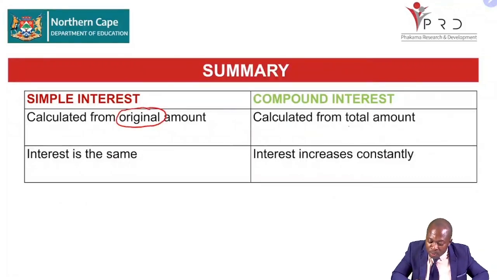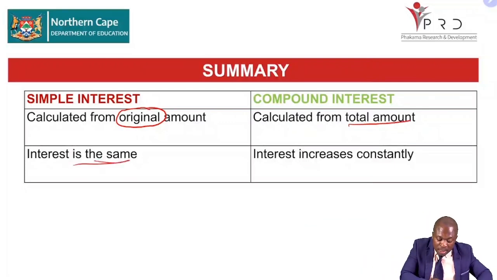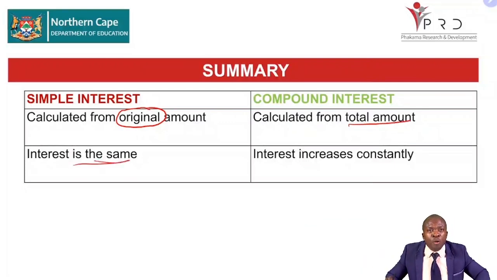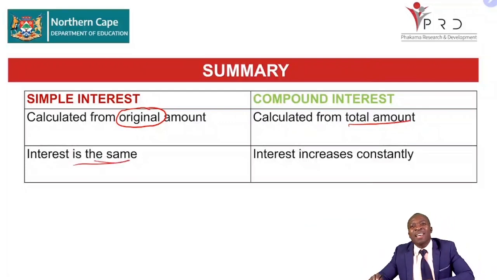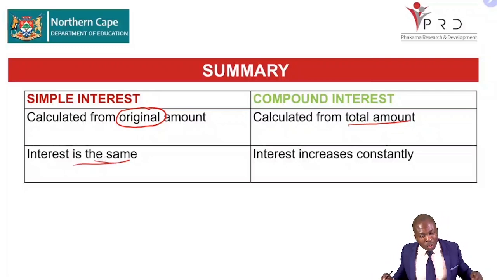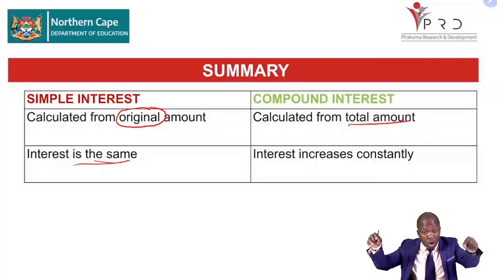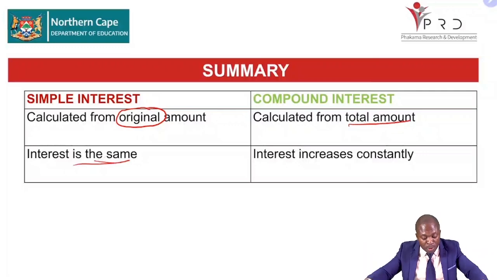Compound interest, we calculate on the total amount that is there now. Simple interest, the interest is the same. Sometimes in the exam, we ask you to explain the difference between simple interest and compound interest. Somebody says, no, simple interest is simple to calculate. You can't say that. Simple interest is calculated based on the original, and compound interest is calculated on the amount accumulated.